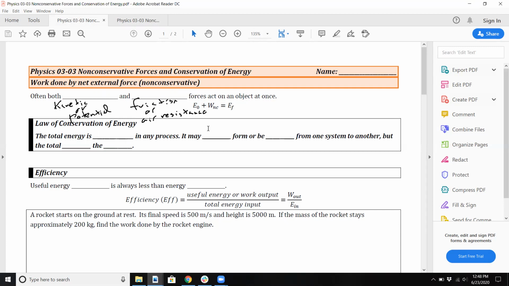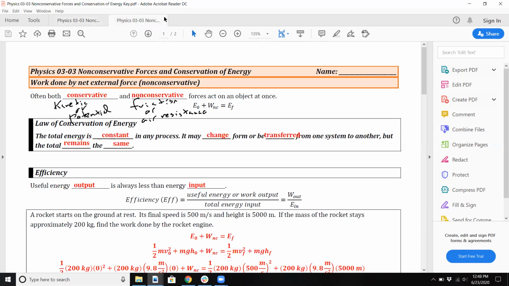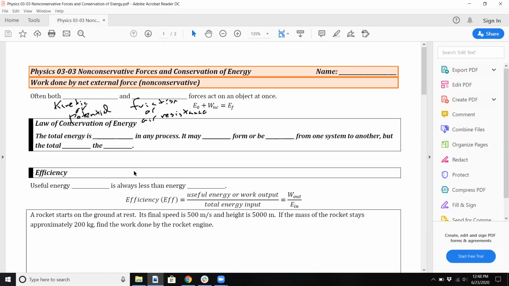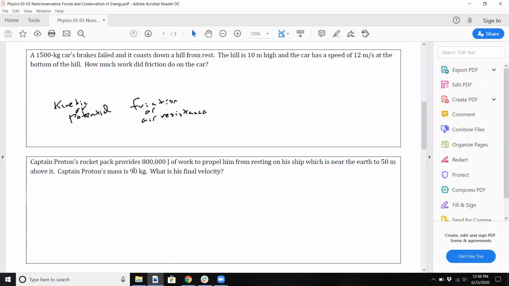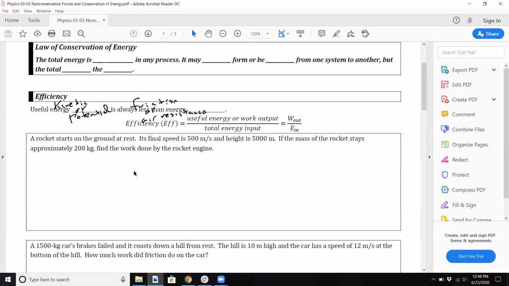It may be transferred from one system to another, or it may transform, but the total energy remains the same. And again, we'll worry about efficiency at another time. So let's look at the first one here, and then I'll have you guys do a little practice.